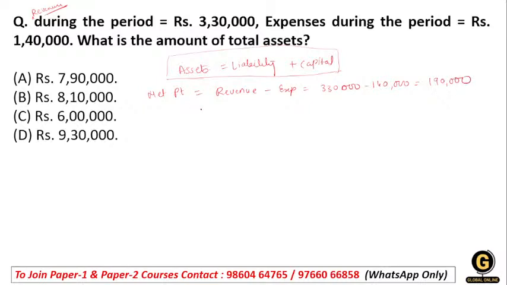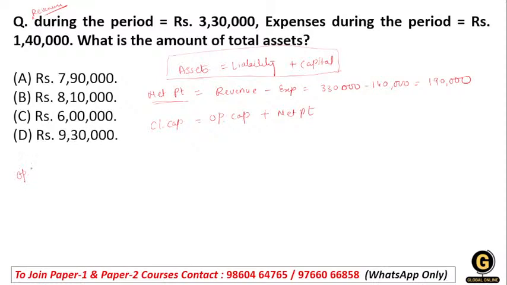Then you have to calculate the closing capital. How do we calculate the closing capital? For calculating the closing capital, it is opening capital plus net profit. Now we know the net profit, but we don't know the opening capital.